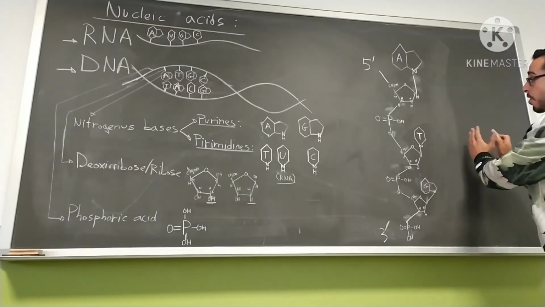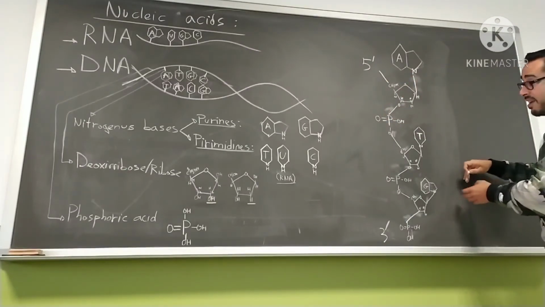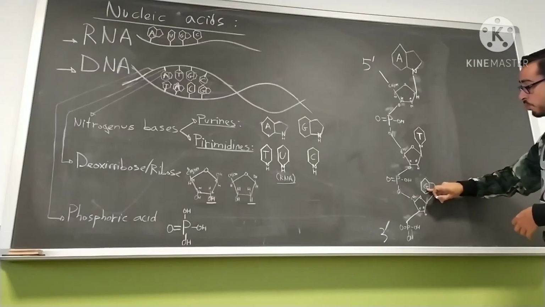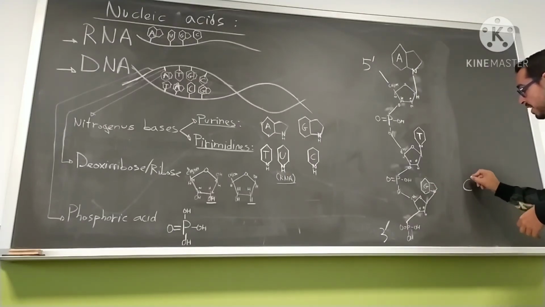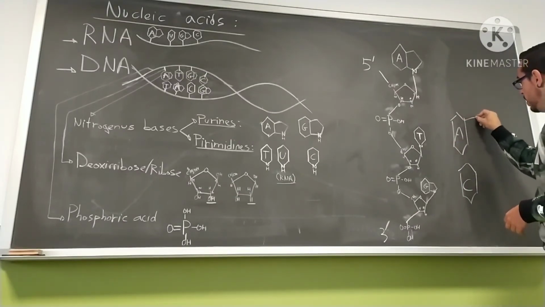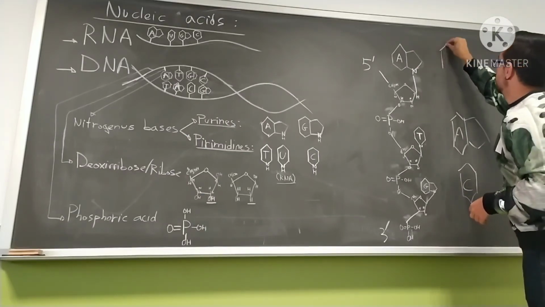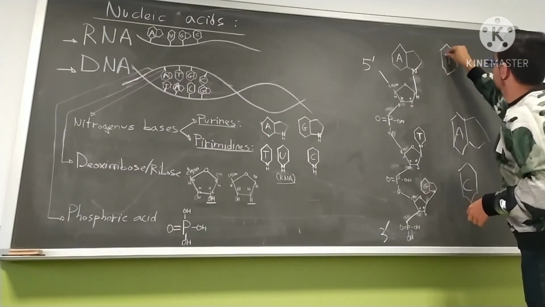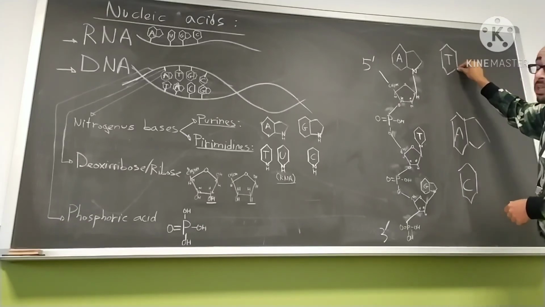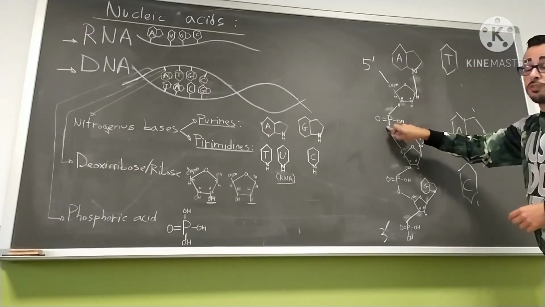We can make another chain, the parallel chain. Here, where there is guanine, here it should be cytosine. Thymine should have adenine, and adenine should have thymine. The same, they would be joined with the deoxyribose and the phosphoric acid.